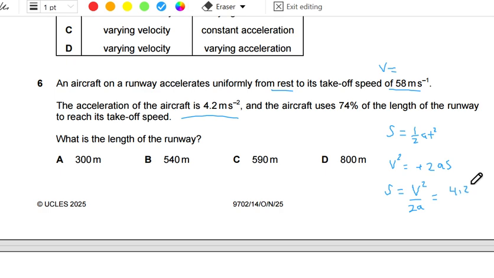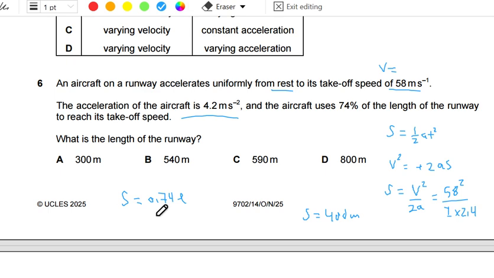So 58 squared divided by 2 times 2.4. This gives us S as around 400 meters, but this is 0.74 from another lens, which the question asks about.